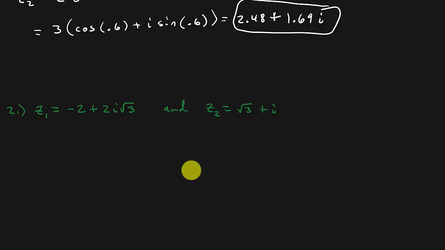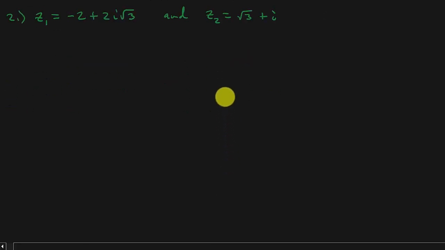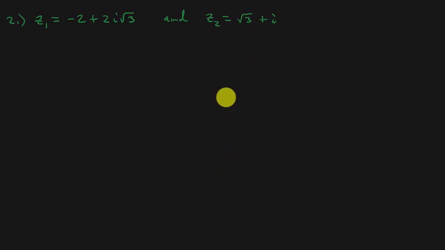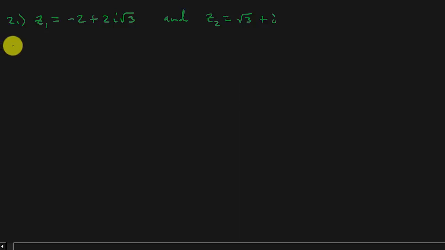One thing that does is give us practice on converting to trigonometric form also. So first thing we need to do is convert them. First, let's convert z1. Let's put that in trigonometric form. So here we have converting z1.